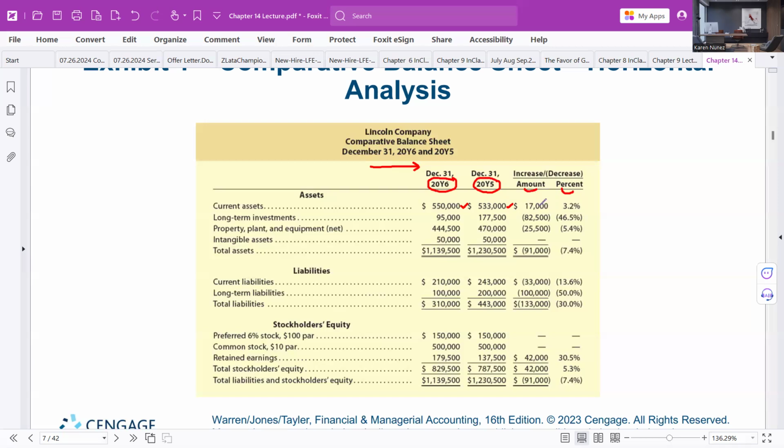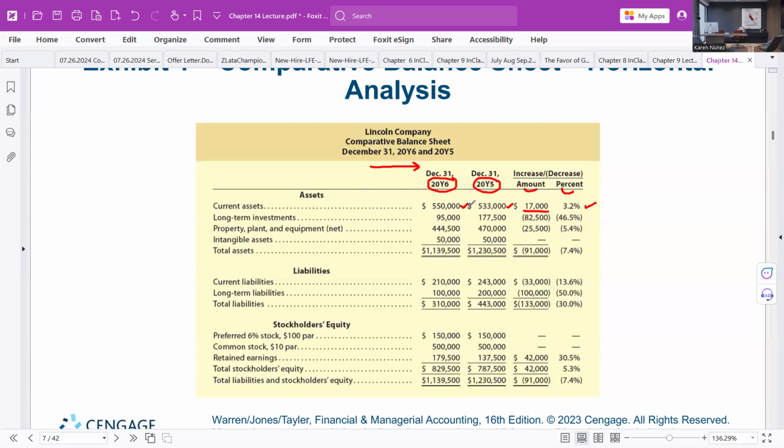The amount of the increase, the difference, is 17,000. And that 17,000 represents a 3.2% increase over time. That's just the 17,000 divided by the base year, the first year, 533,000. That's how we get that 3.2%.